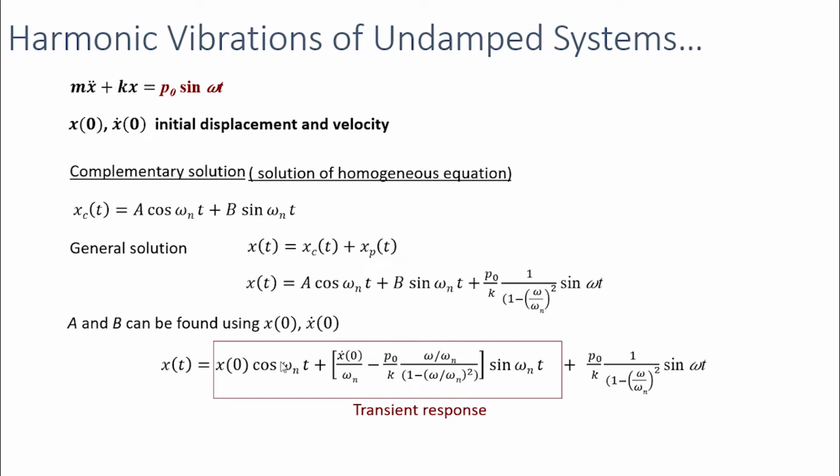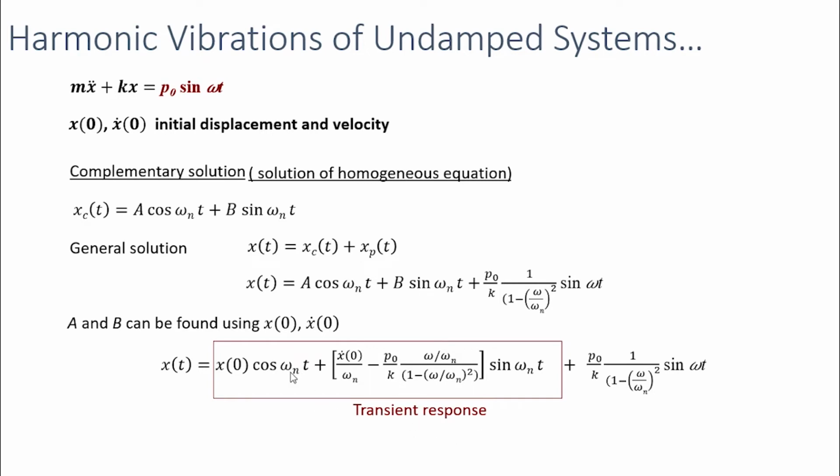And since now we are talking about undamped systems, this part of solution does not decay, but for damped systems this part of solution will decay with time. So this part of solution is known as transient response. That means something which changes or decays with time.